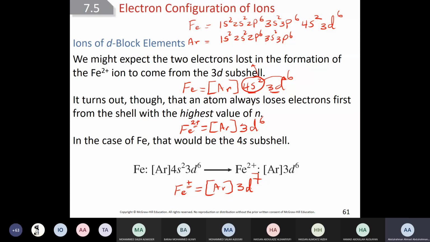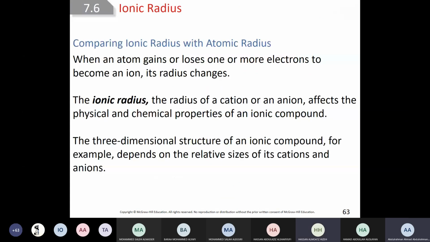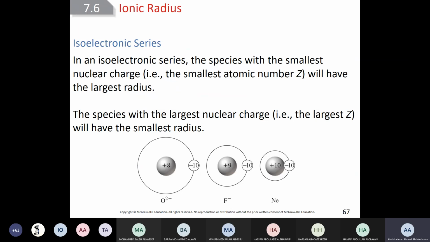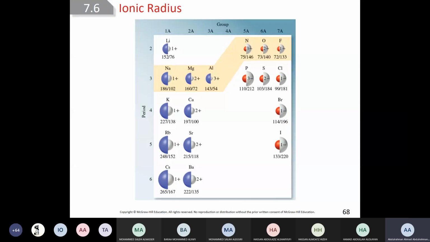Clear? Good. Now, let's do this. The blue thing here is the size of the atom, and the gray here is the size of the ion or the cation. Which one is bigger, the atom or the cation? The atom.